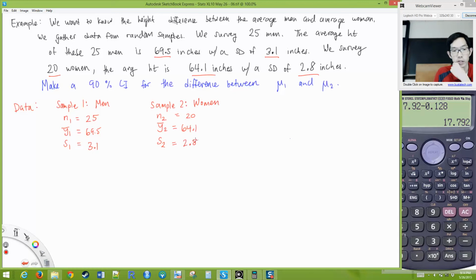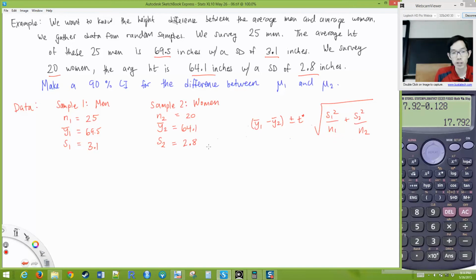Okay, all we've got to do now is plug all of this into the equation: y bar 1 minus y bar 2 plus or minus t star times the square root of s1 squared over n1 plus s2 squared over n2. You probably don't need to rewrite this formula because it should be in your notes already. I'm just writing it here so we can all see what we're doing.